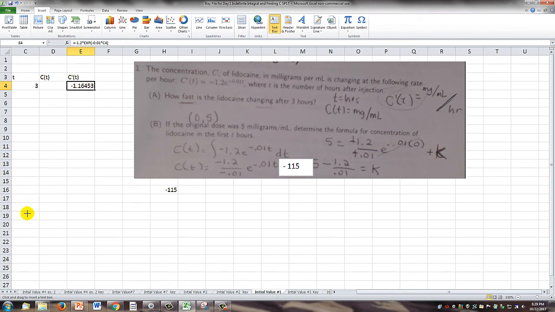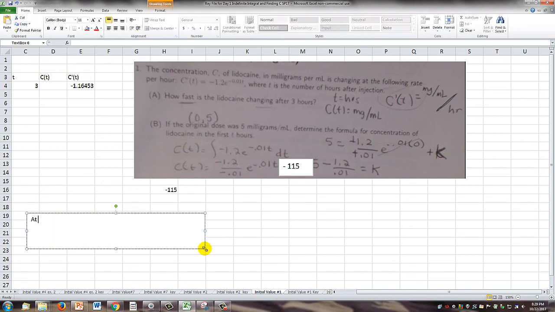And you would say at 3 hours, the concentration is decreasing at a rate of positive 1.16, and the units are milligrams per milliliter per hour. And that is the answer to A. Question B, we had to find K and then just determine the formula. So question B is this function right here, and we don't need to use it. So that's the end of that problem.